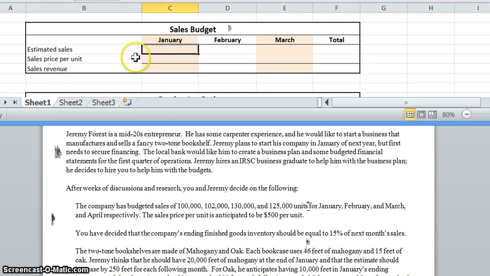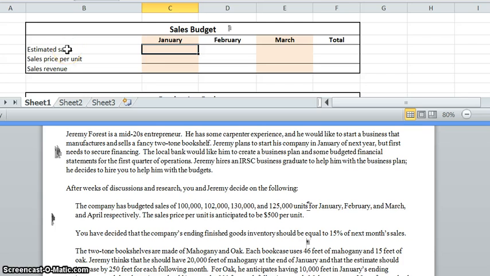And this is one thing that I would caution you on. For those of you who have not really had a lot of experience in the field and you haven't seen the different types of budgets out there, keep in mind that you're going to see very different wording when you get out into the real world when it comes to these budgets. So estimated sales is not always the way that they're going to be wording things.